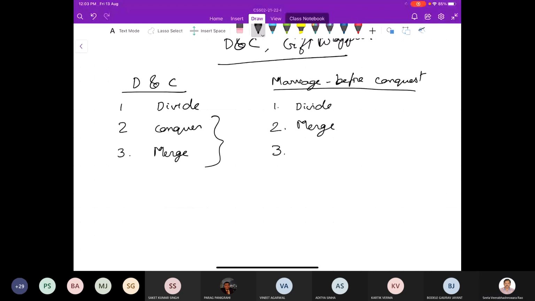So we will go about this convex hull algorithm.